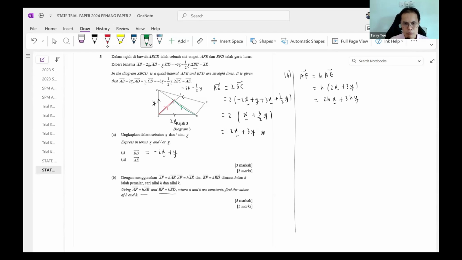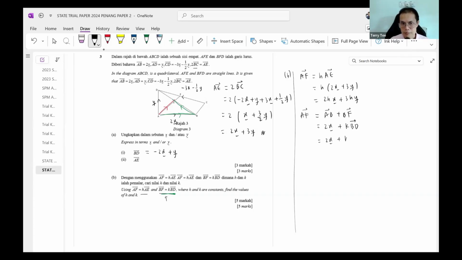For me, I would prefer to find two versions of AF, because we already have the first version of AF in terms of h. Now we want to find the second version of AF in terms of k. I'm going to use BF equals kBD. So my second version of AF will be A to B plus B to F. My AB is 2x. My BF is k times BD.